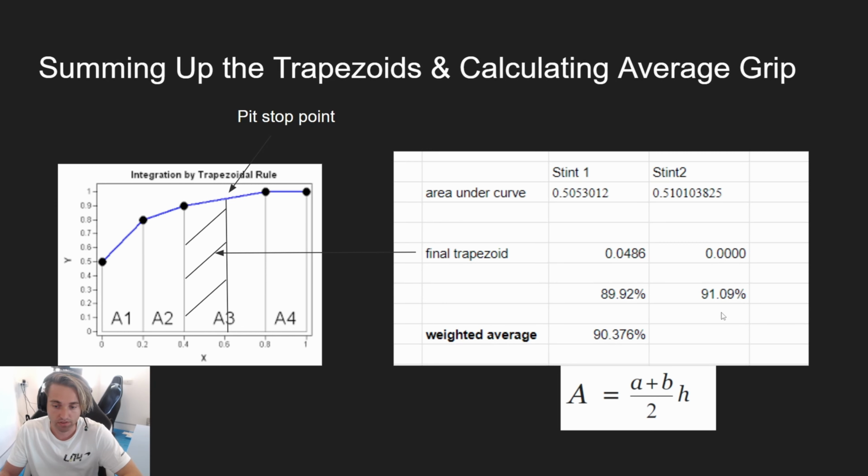Second stint, this is your other example. Then you have to do a weighted average of the stints. You do that by looking at the number of laps you did on your first stint and the number of laps you did in the second stint, to get your weighted average grip level throughout the entire race. And this is the value that we really care about.